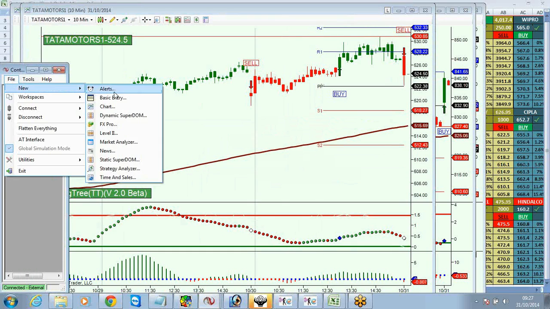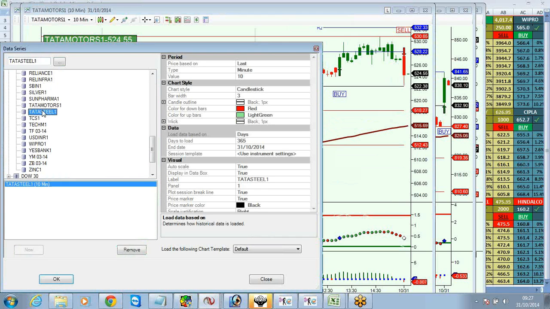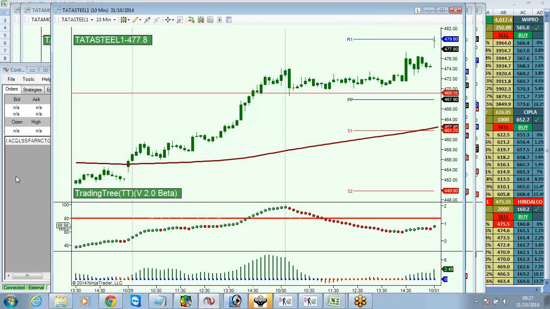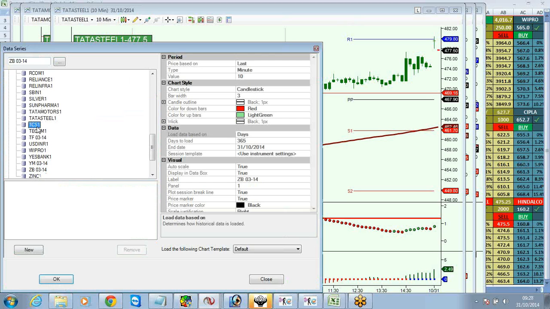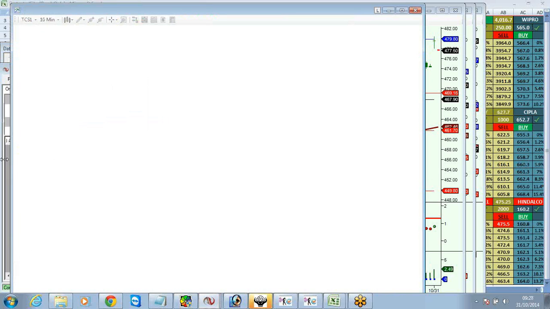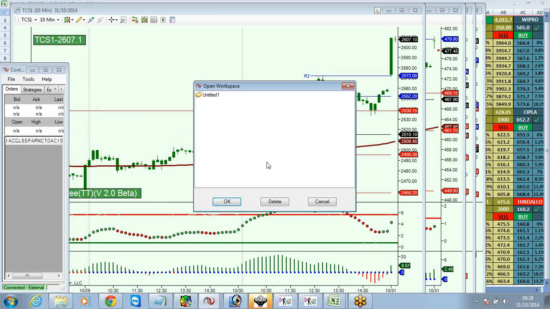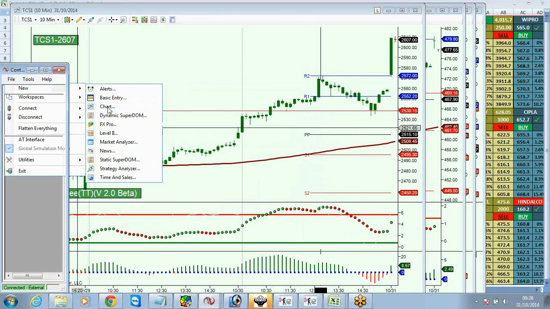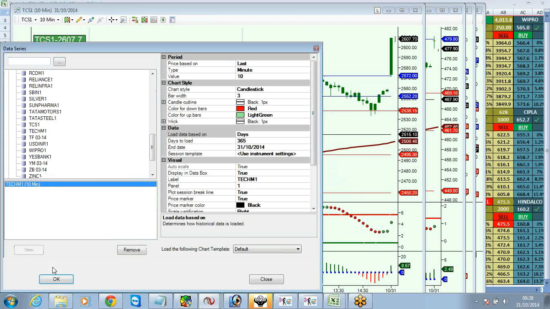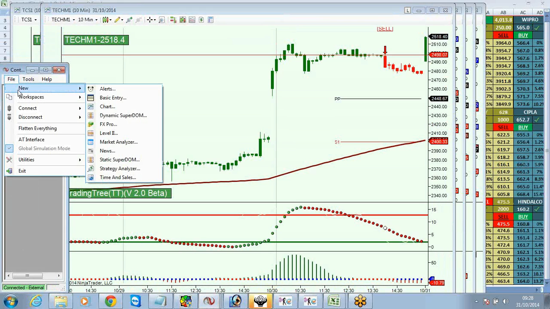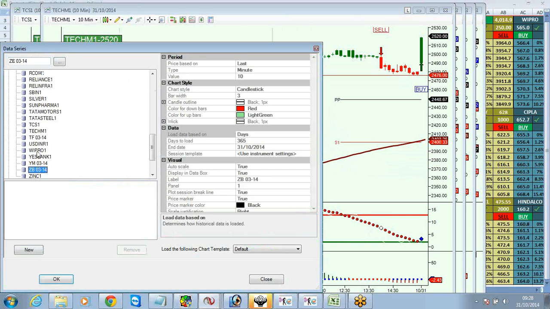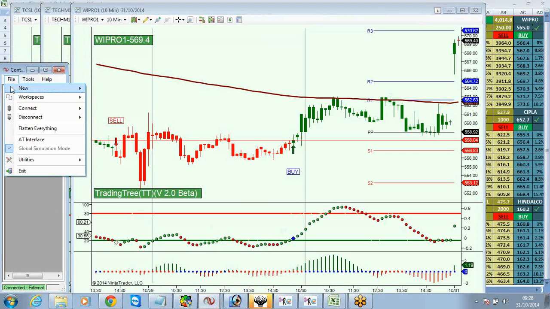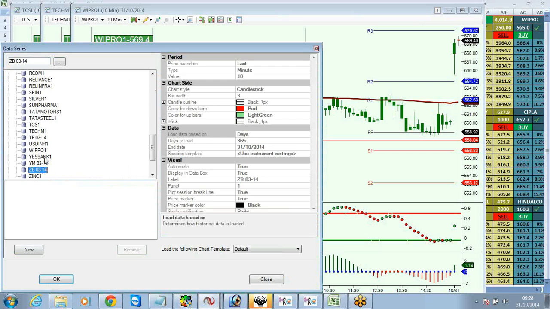So you can just see that we already have a sell call in FuturesTree for Tata Motors, and same thing with Tata Steel also. There is a buy call in Tech 1. So all gap up opens and we are getting all buy calls in Trading Tree, but that might not be the case in FuturesTree.